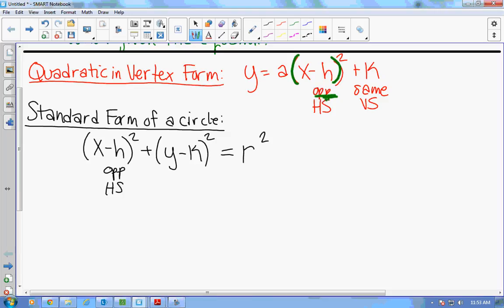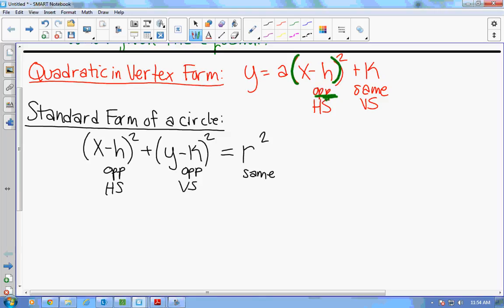What do we tell ourselves? But it's in parentheses. Opposite. This is our vertical shift, but in this case it's opposite. If it's ever within the function, within parentheses, we think opposite. Is this guy in parentheses? No. So this one's same.